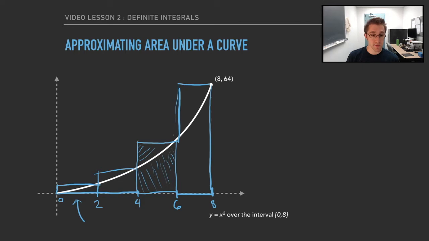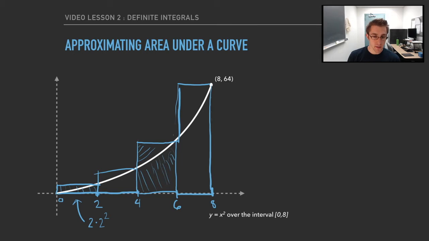So the base of all these rectangles has length 2. And the height is given by the value of the function at the right side. The right side is at x equals 2, and the value of the function there is 2 squared, which is 4. But I'll just write 2 squared. So that's going to be the area of this leftmost rectangle.